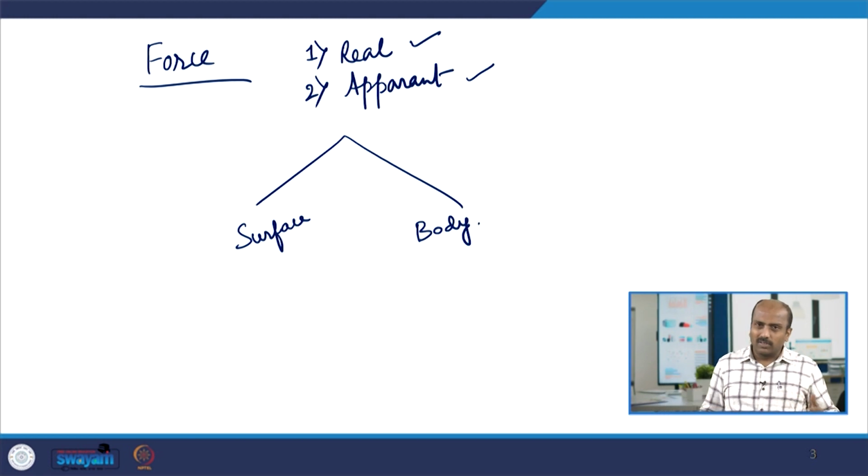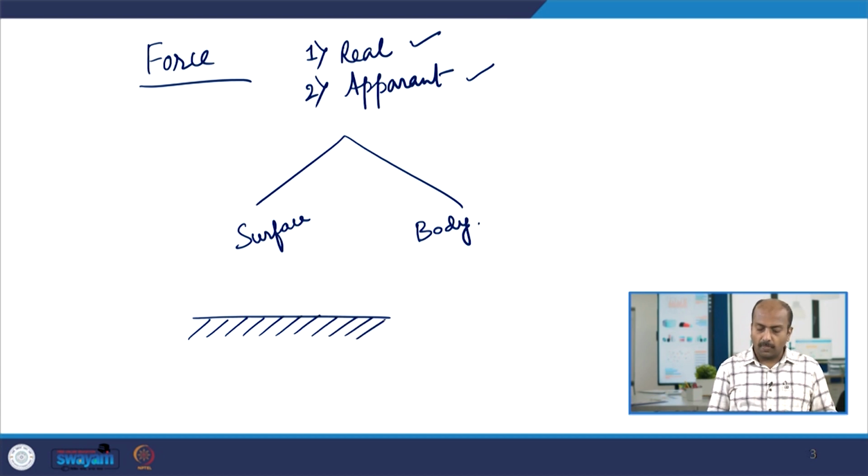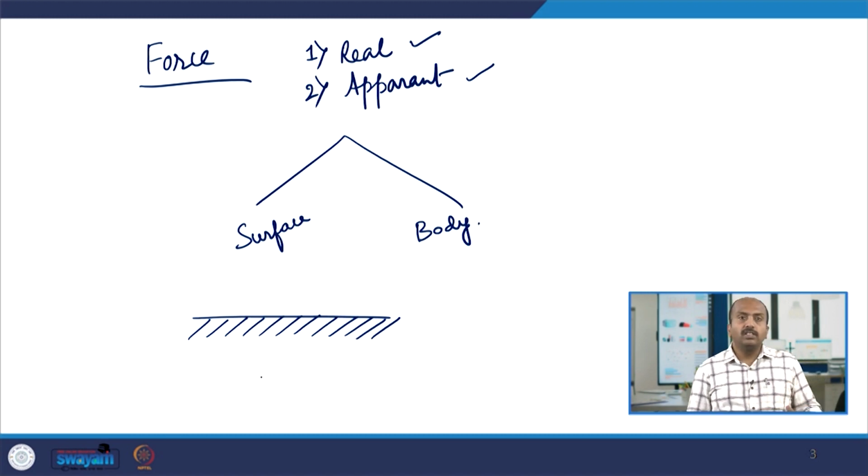The surface forces are the ones which act across the surface of an object. They are not dependent on the mass, and they do not act towards the center of mass of the object on which the force is acting.